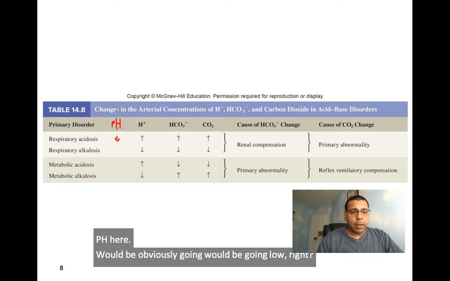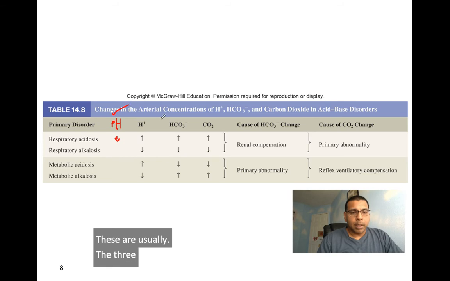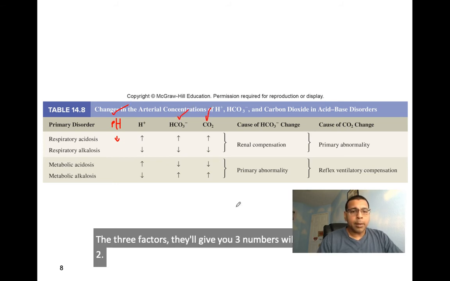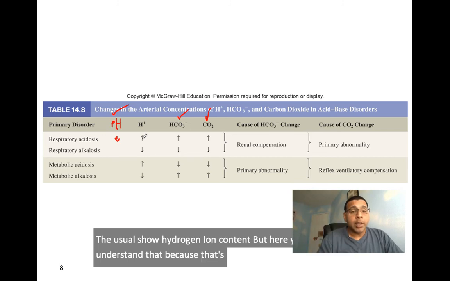These are usually the three numbers they'll give you. They usually won't show hydrogen ion content, but you've got to understand that because that's what's increasing.